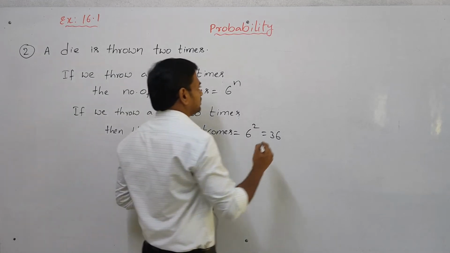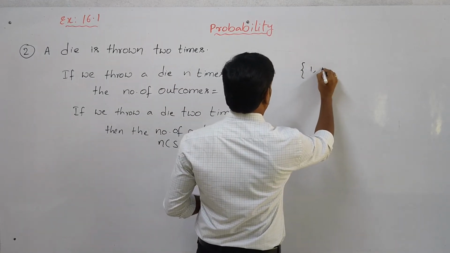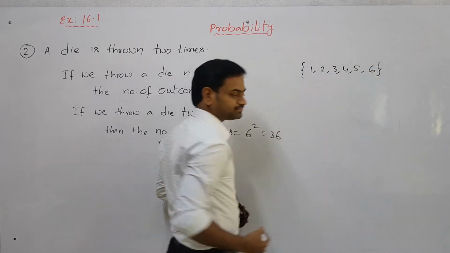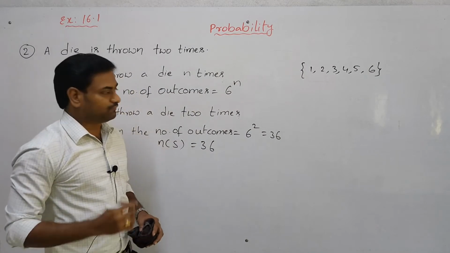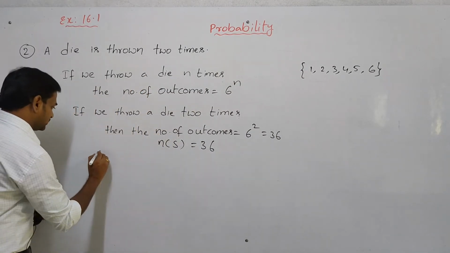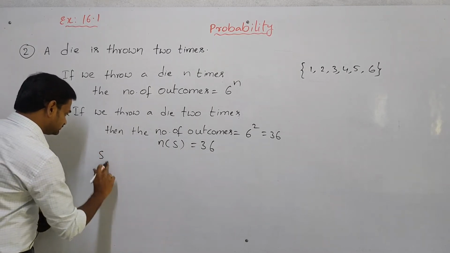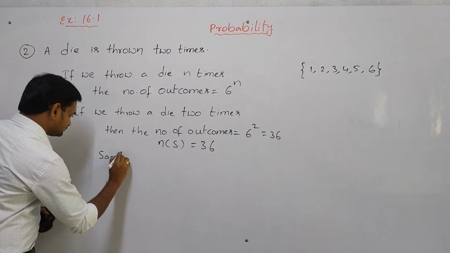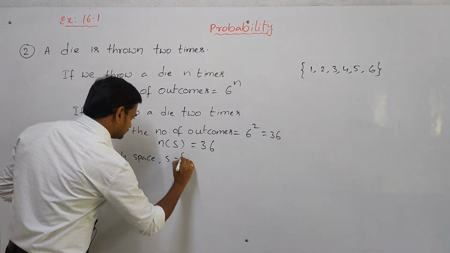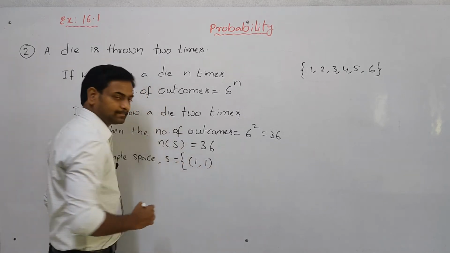See here, if we throw a die only one time, the outcomes are 1, 2, 3, 4, 5, 6. If we throw a die 2 times, what are the possibilities? S, the sample space, equals 1 comma 1.